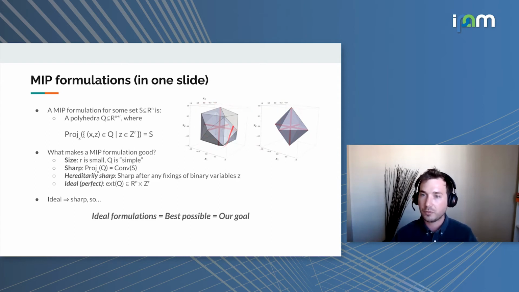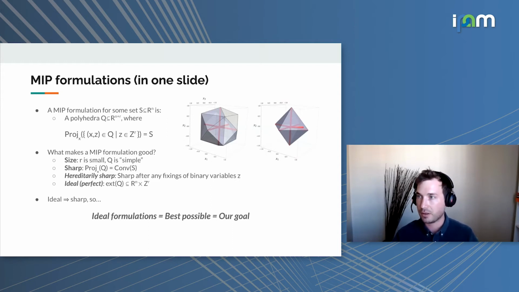We have two potential formulations side by side, or rather the projections of those formulations to the original space. Intuitively, the one on the right is going to be better. It's tighter. It actually gives us the convex hull of these red lines, the thing we are trying to formulate. So we'll get better bounds out of this, and it will perform better in the branch and bound setting. This formulation on the right is what's called sharp.